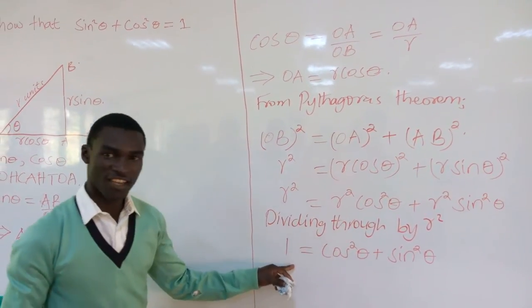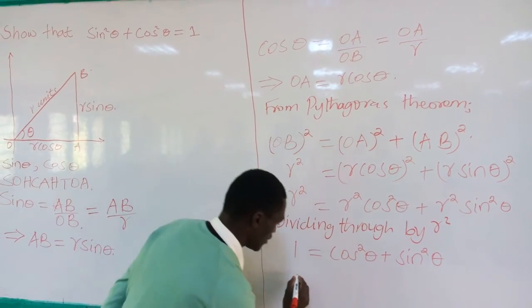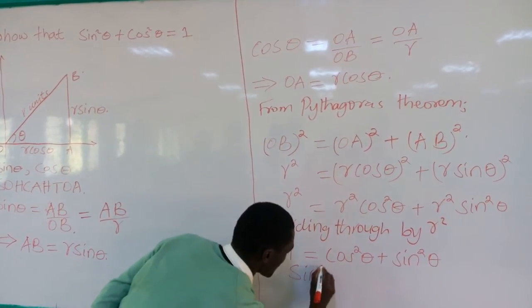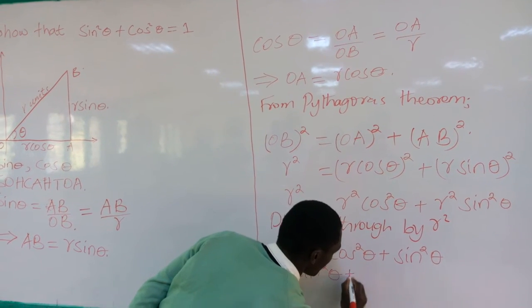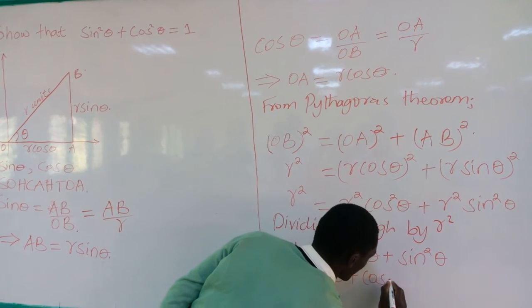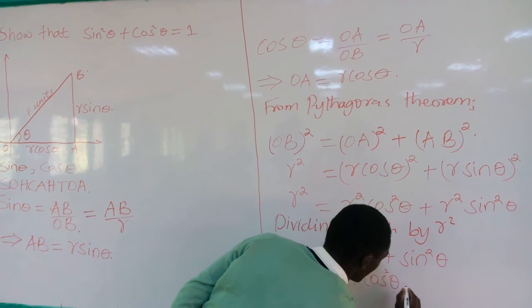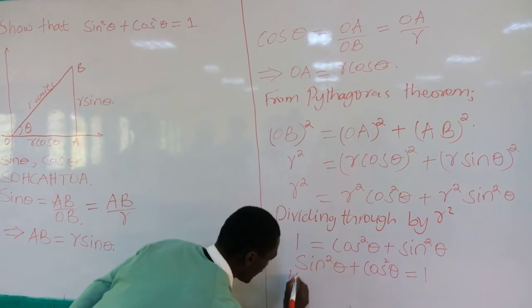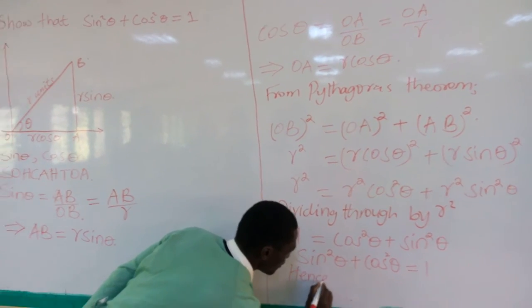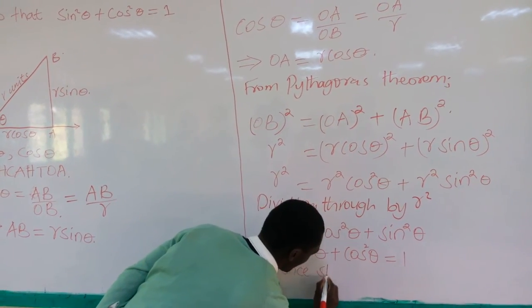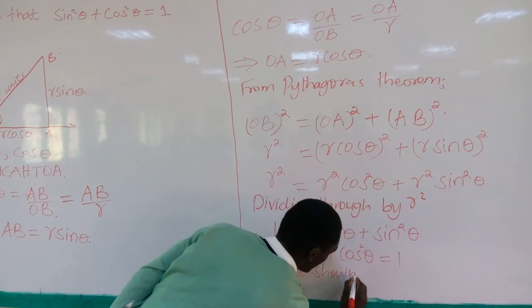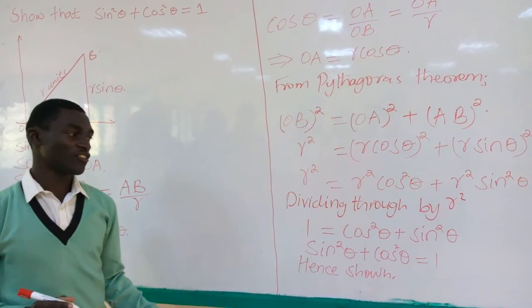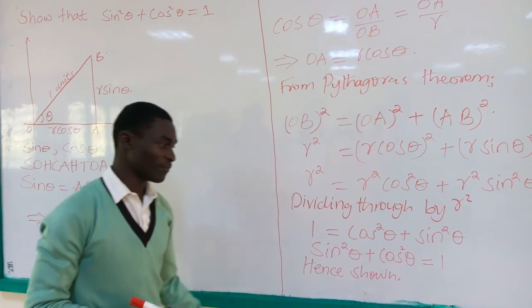So having reached here, we can rearrange this so that we have sine squared of theta plus cosine squared of theta is equal to 1. Hence, we have shown that sine squared of theta plus cosine squared of theta is equal to 1.